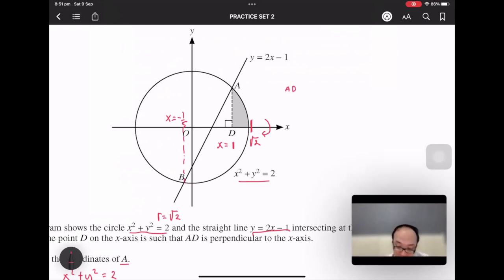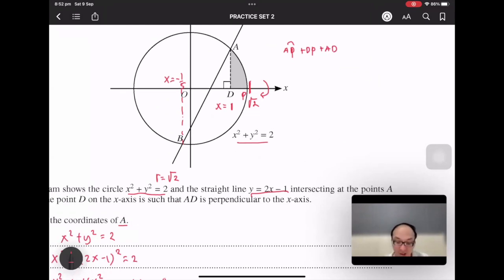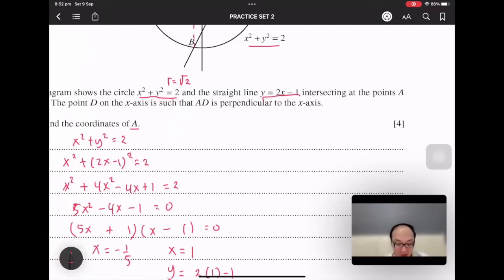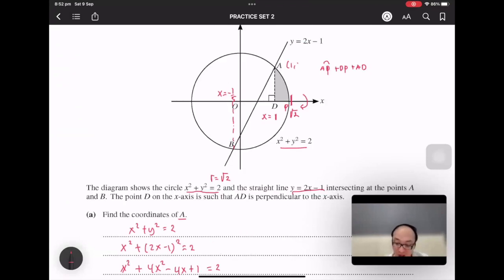Oh, there's no name here, so I can say this P. So find the arc AP, and then find DP, and find AD. We know that the coordinate of A is 1, 1. So that means this will be 1, and DP will be root 2 minus 1.